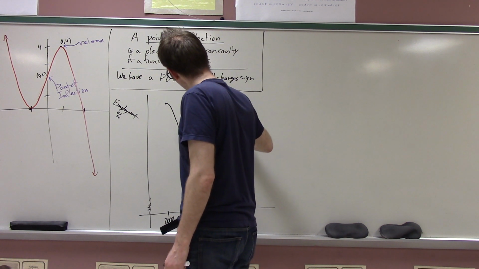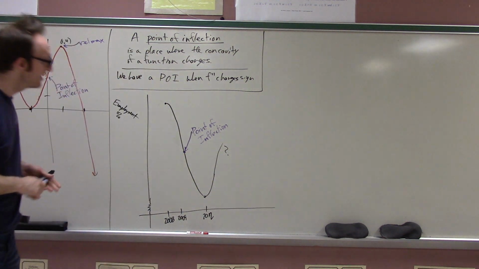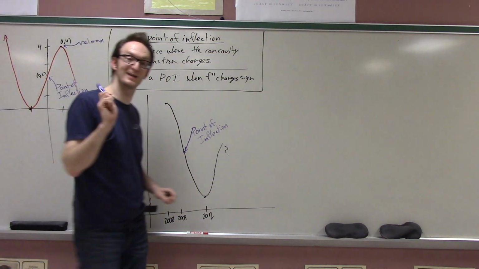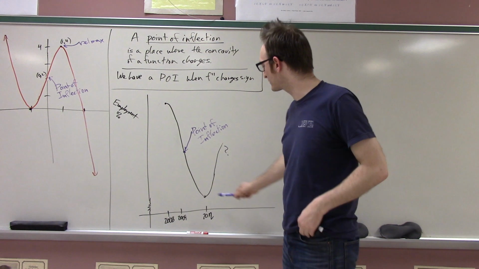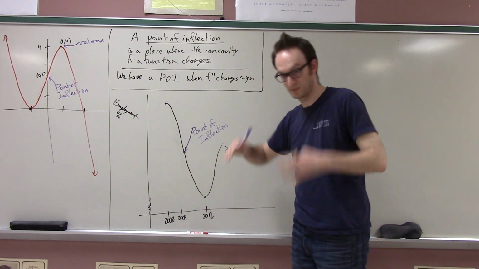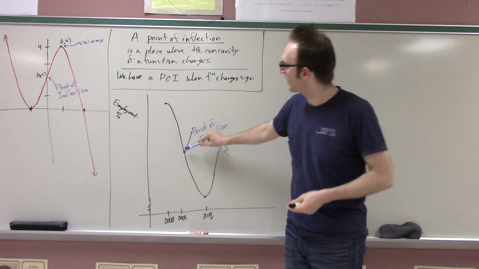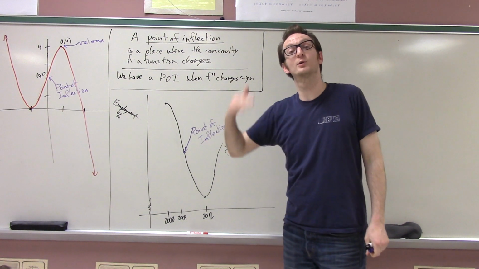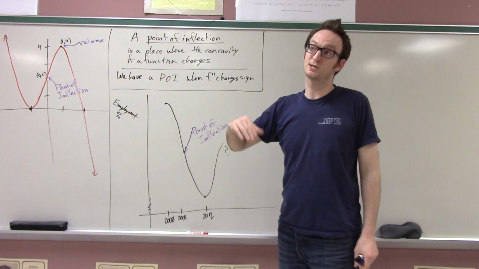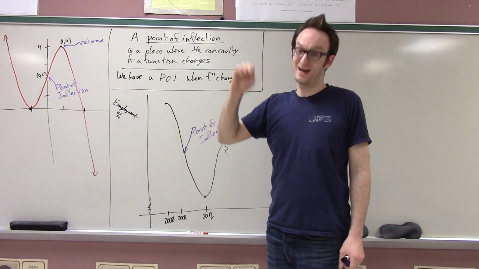And notice that at the point of inflection, this is not when people start getting their jobs back. When people start getting their jobs back is down here in aggregate. This is the place where the rate at which people are losing their jobs starts getting better.